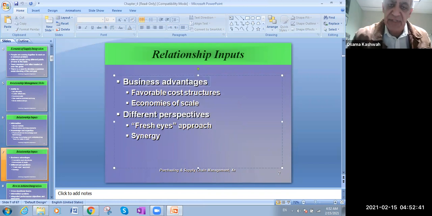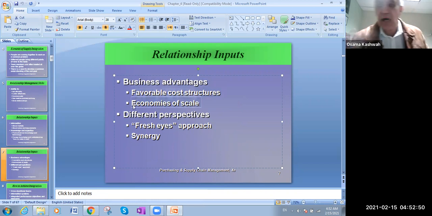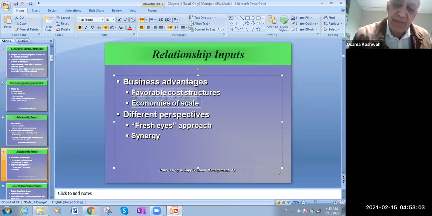And business advantages like favorable cost structures, economies of scale. Economies of scale means how much you can save when you buy in big amounts, like cash discounts and amount discounts. Different perspectives, fresh eyes approach, and synergy.